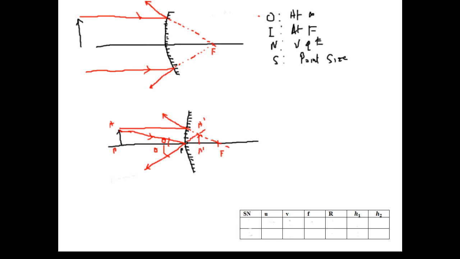So object, where is the object? Object is anywhere on the principal axis.